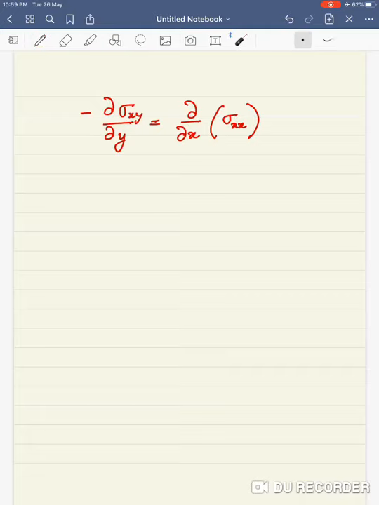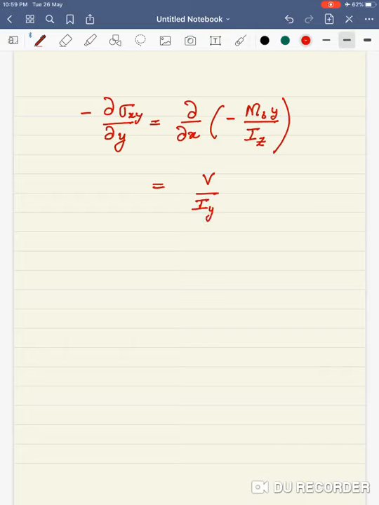Now we do not know what sigma xx is, but we will apply our assumption, which is an engineering assumption, that this sigma xx is given by the flexure formula. So I'll just delete this, and then I will put my flexure formula, which was M by y by Iz. And this will give me, this is again the derivative, so the derivative of the moment gives me V by Iz times y.